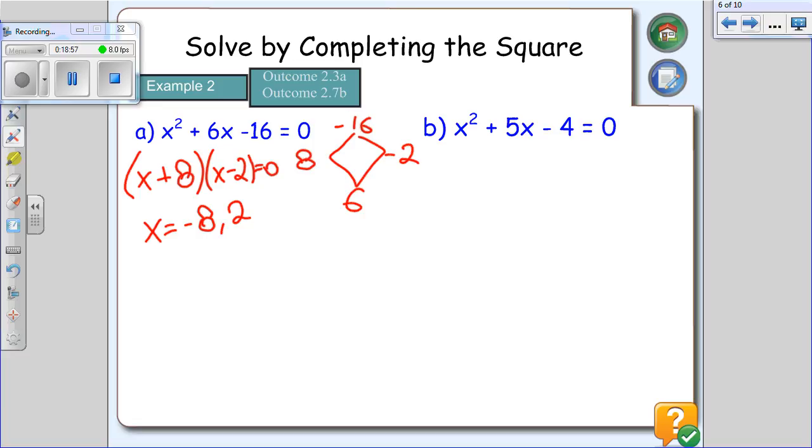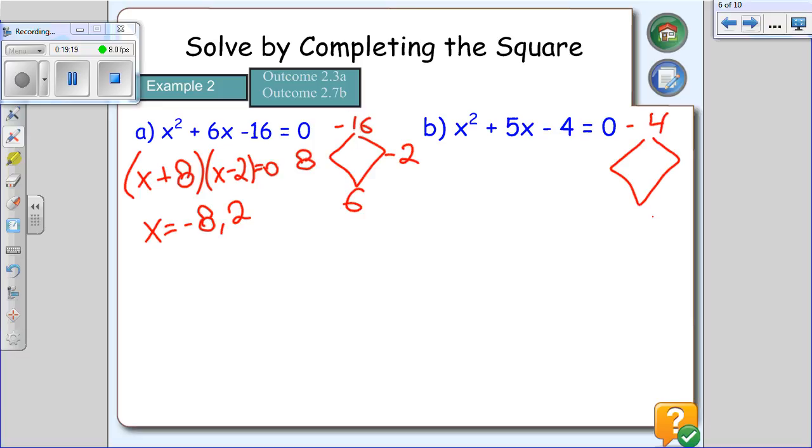This beautiful question. Nice and easy. Diamond method it. What multiplies to be negative 4 and adds to be 5? Negative 4, negative 1?